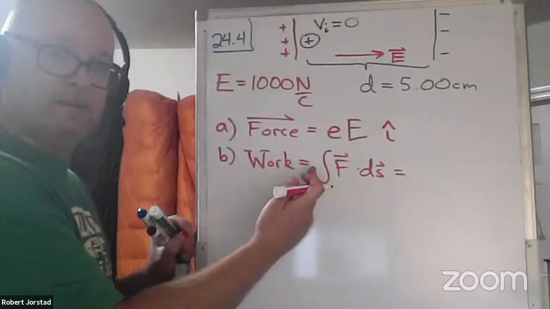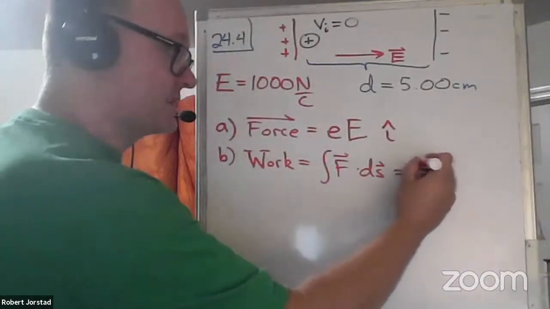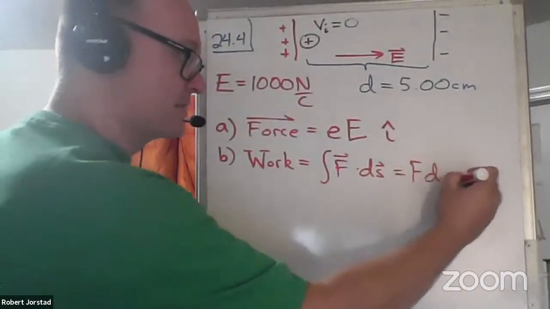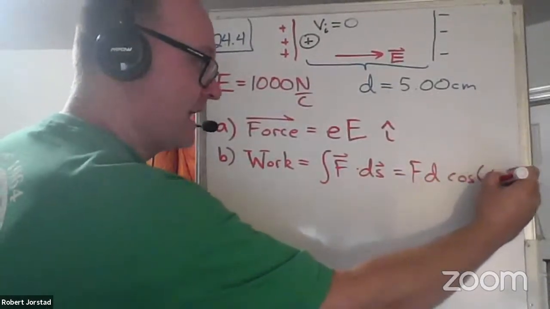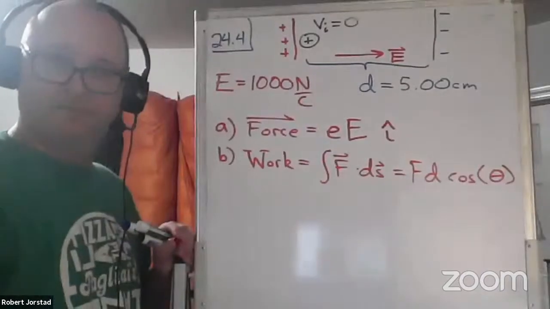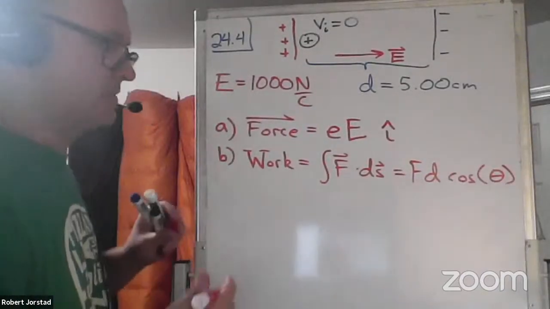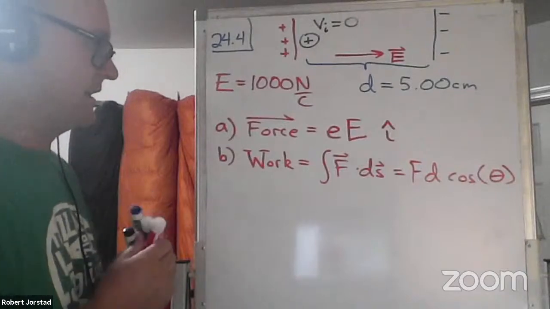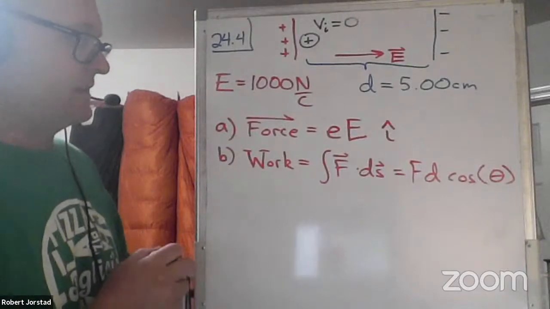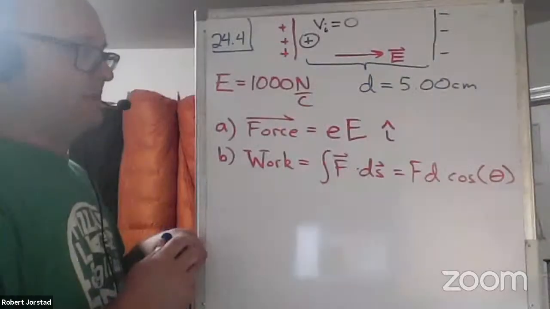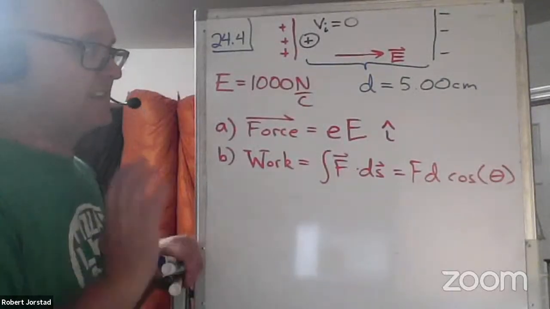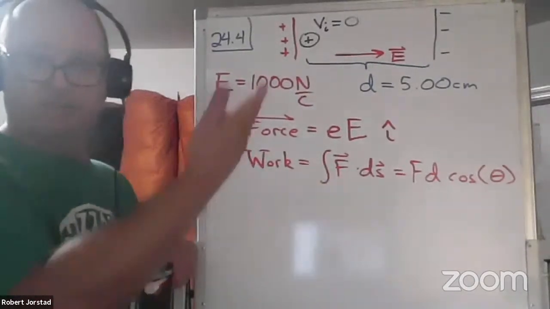But if your force is a constant, doesn't it just pop out? So it's force times distance times cosine of some angle. I think both of you were right there. I think, was that Joseph and Esteban there? Yep.